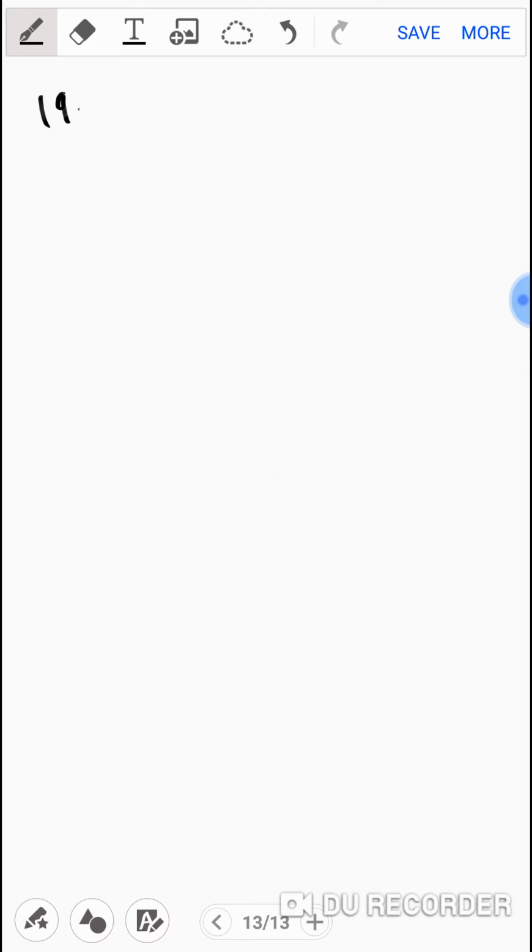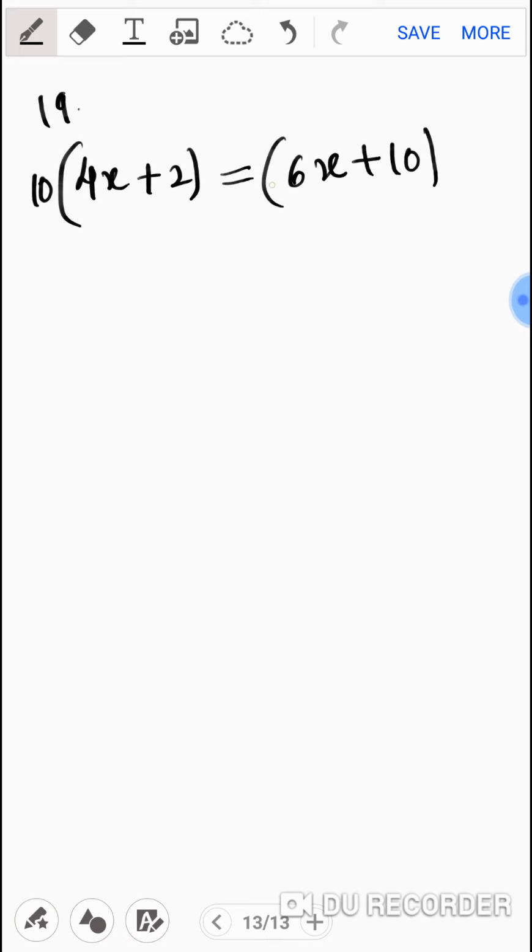Problem number 19. Multiply a number by 4, that becomes 4x. Add 2 to it and then multiply the result by 10. The answer is same as if you multiply 6 with the number, add 10 and multiply the result by 5. So that's your equation, my dear kids.